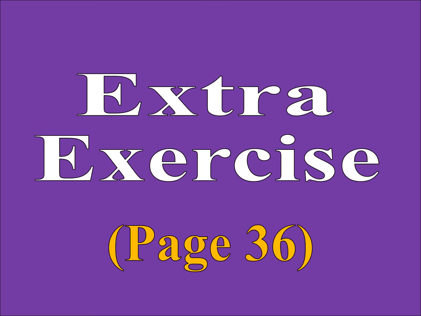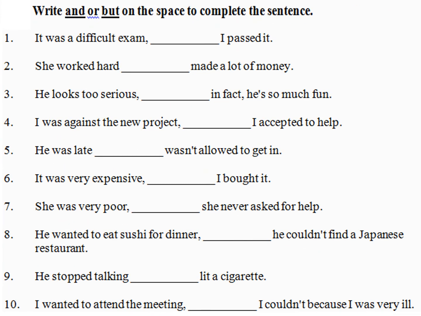Now, do the extra exercise using what you have learned on page 36. Write and or but on the space to complete the sentence. Now, check your answers. Number 1. It was a difficult exam, but I passed it.